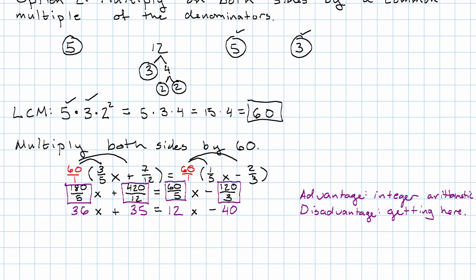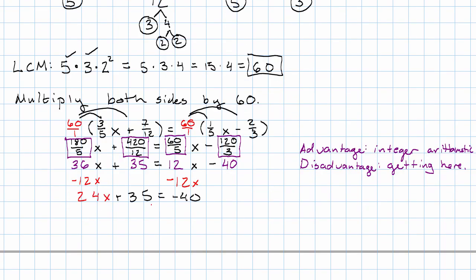And you see, next we eliminate the 12x by adding negative 12x on both sides. We eliminate the 35 by adding negative 35 on both sides. I'm going to start a new column here because I'm running out of space.